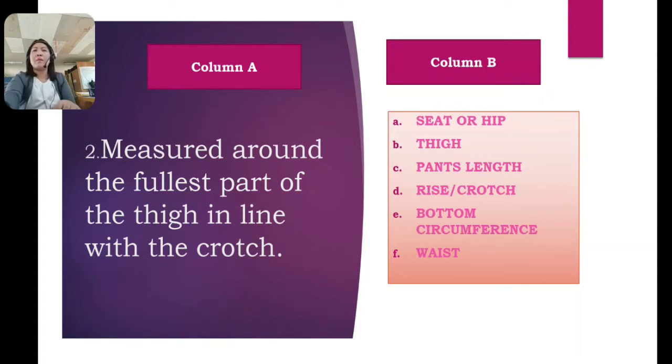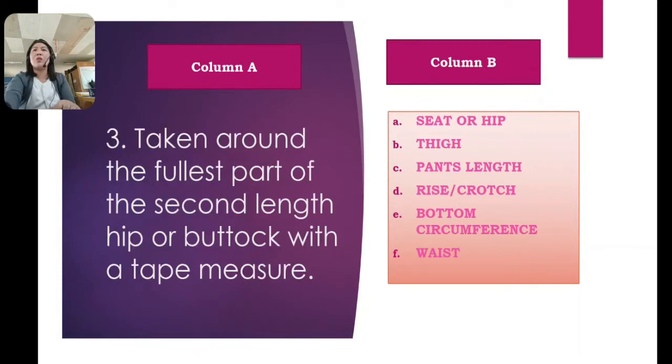Time's up. So, let's go to the third question. Taken around the fullest part of the second length, hip or buttocks with a tape measure. Time start now. Time's up. Let's go to number 4.